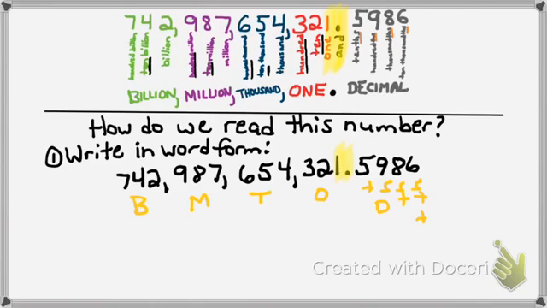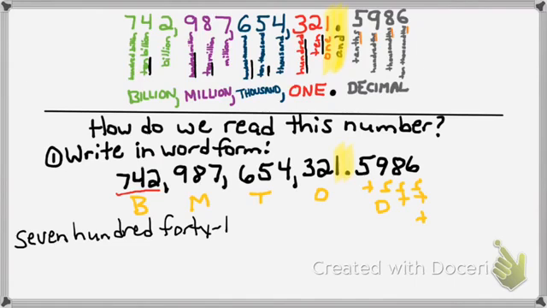Remember, I start at the left and read period by period. 742 is the number 742. So we'll write that down. 742, comma tells me to say the name of the period, which is billion.